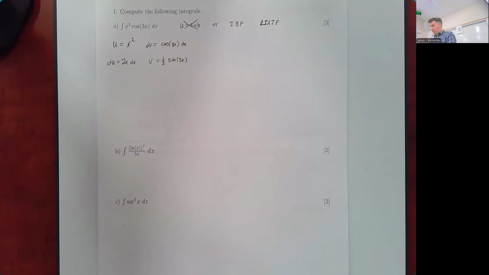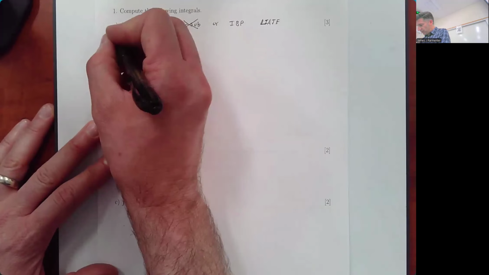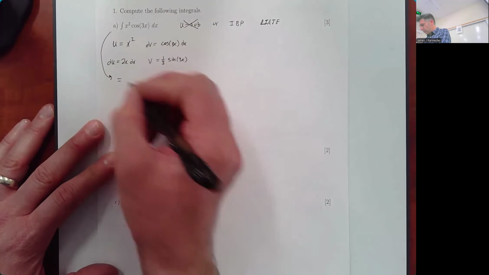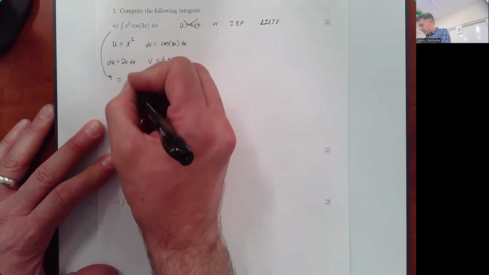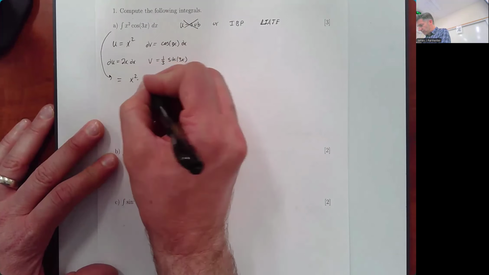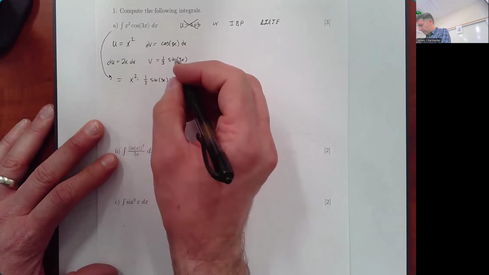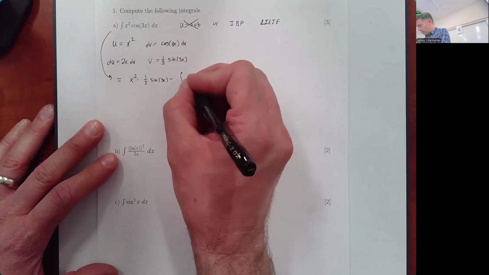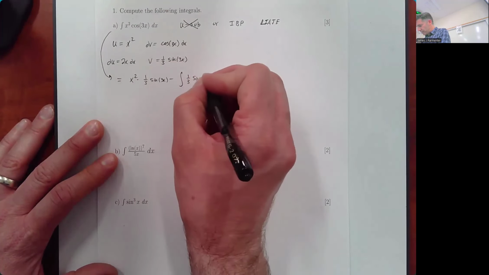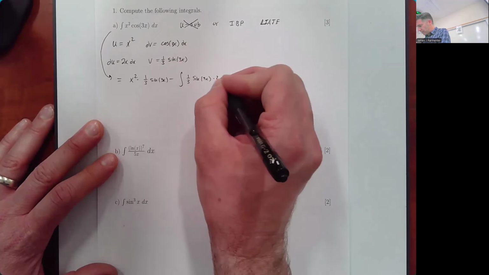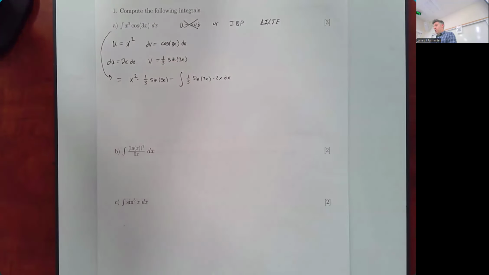So then we're going to use all that to get that our integral is equal to u times v, so that's x squared times 1/3 sine of 3x, minus the integral of v times du, which is 1/3 sine of 3x times 2x dx, which is going to require integration by parts again.